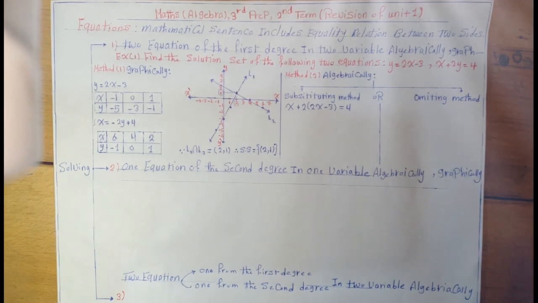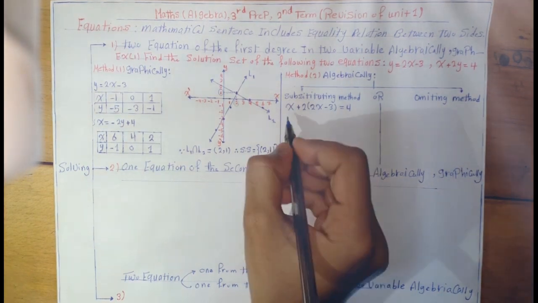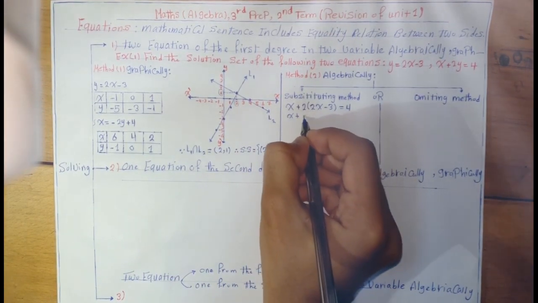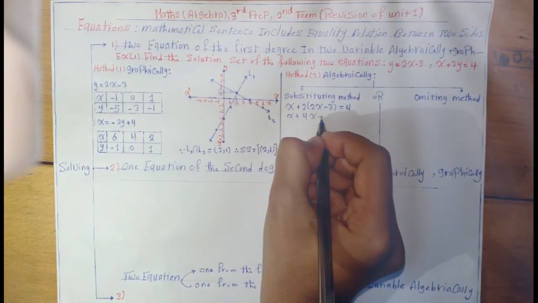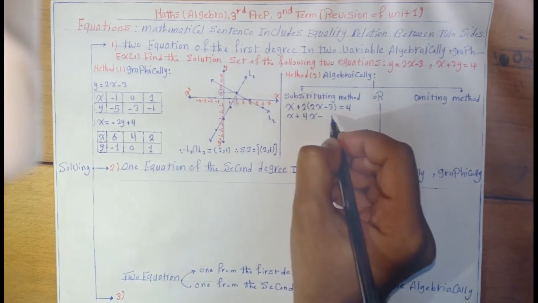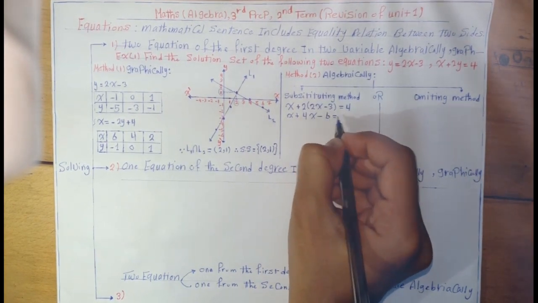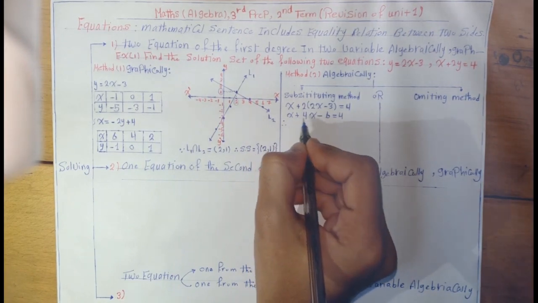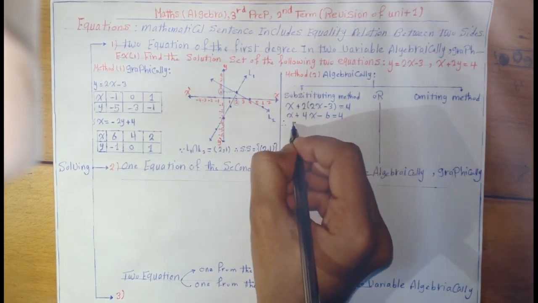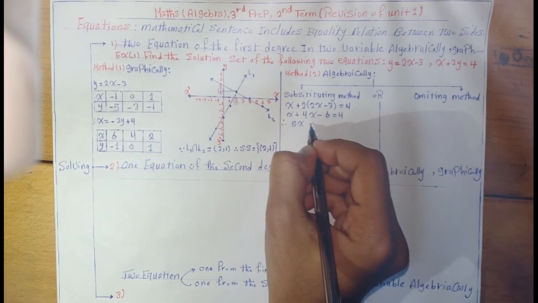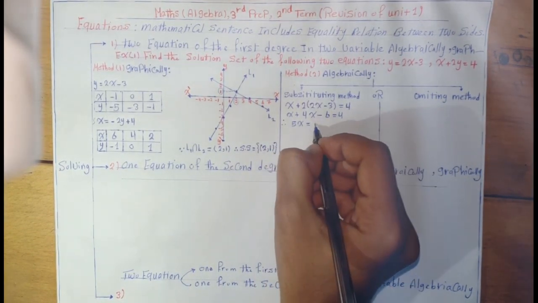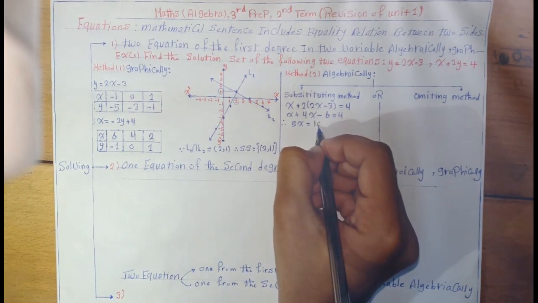Now we put this equation in the simplest form. Then x plus 2 times 2x negative 2 times 3 equals 6 equals 4. Then x plus 4x equals 5x equals 4 positive 6 equals 10.